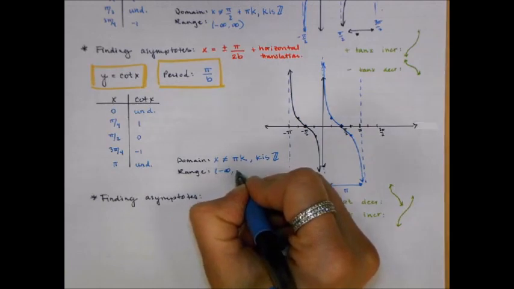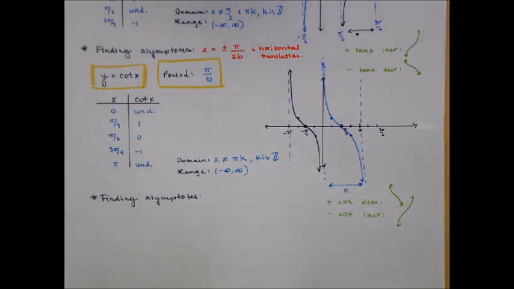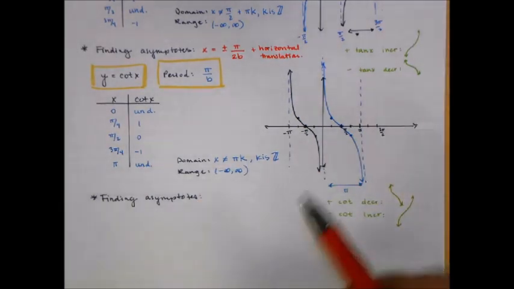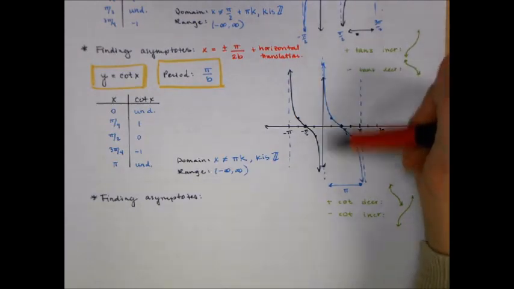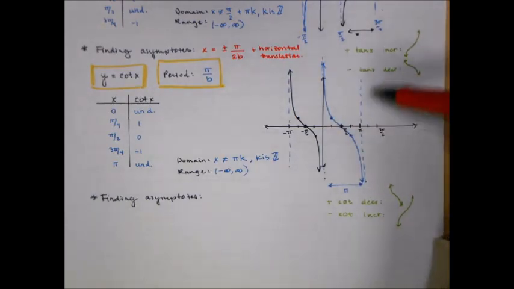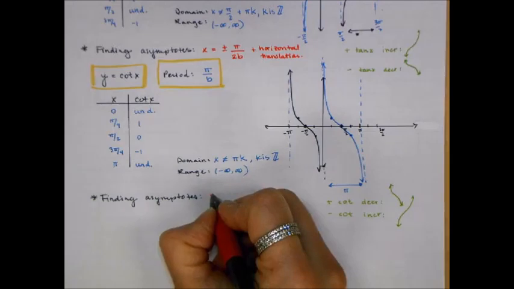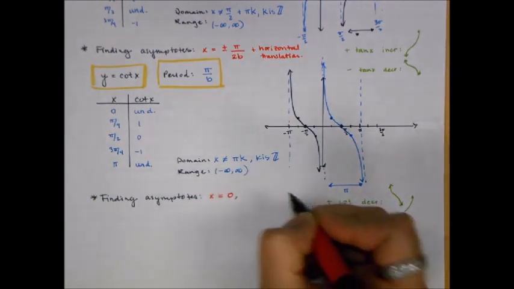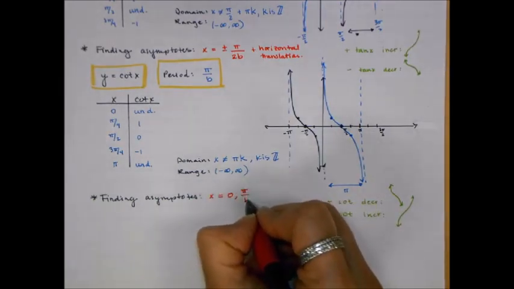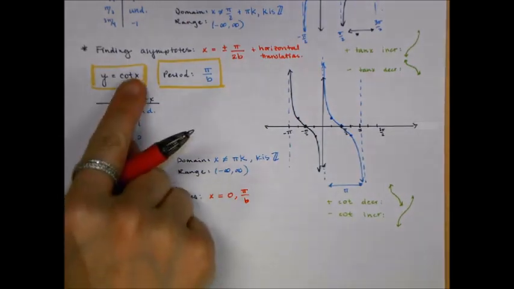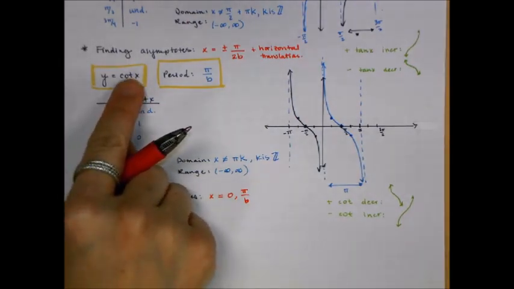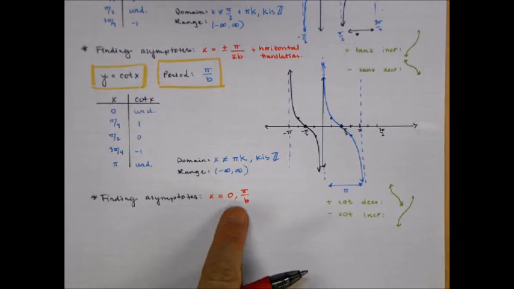Now the asymptotes are a little bit different. You'll notice this time there was one right here along the y-axis and then one at pi. So the first asymptotes are at 0 and pi over b, since in this case the coefficient of x is 1, so b is 1, and so the asymptotes were at 0 and pi.